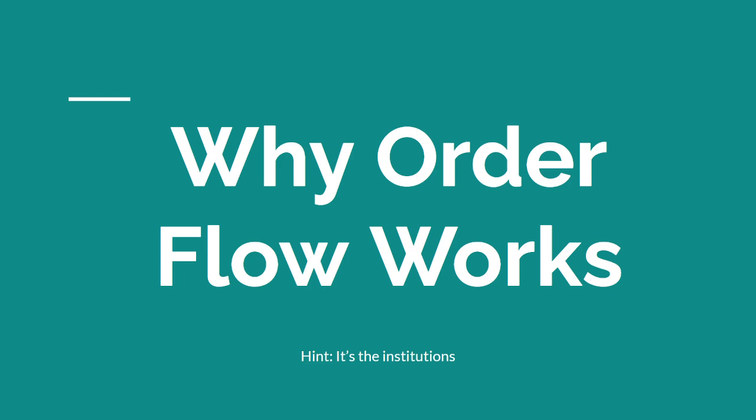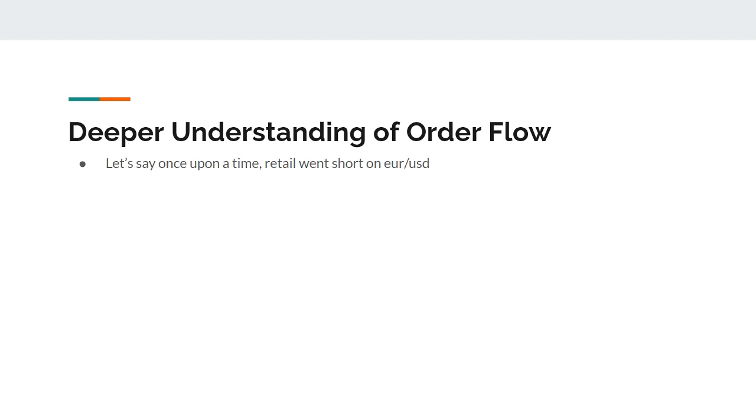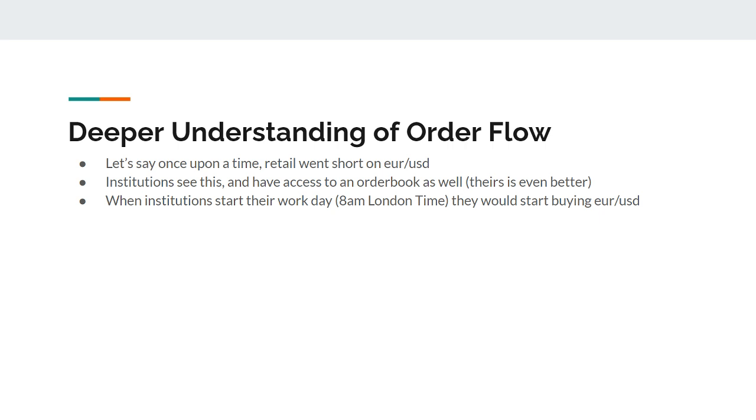Let's say that once upon a time, retail went short on Euro USD. Institutions see this, and they have access to an order book as well. Their order book is even better, and it's even more accurate. So, when institutions start their workday at 8 a.m. London time, they would be buying the Euro USD.